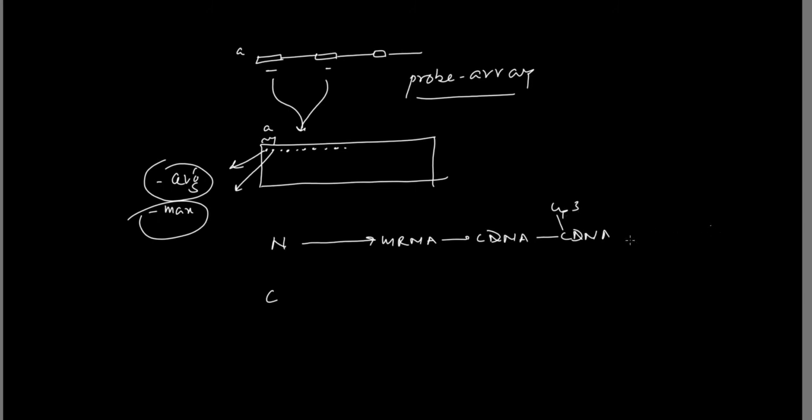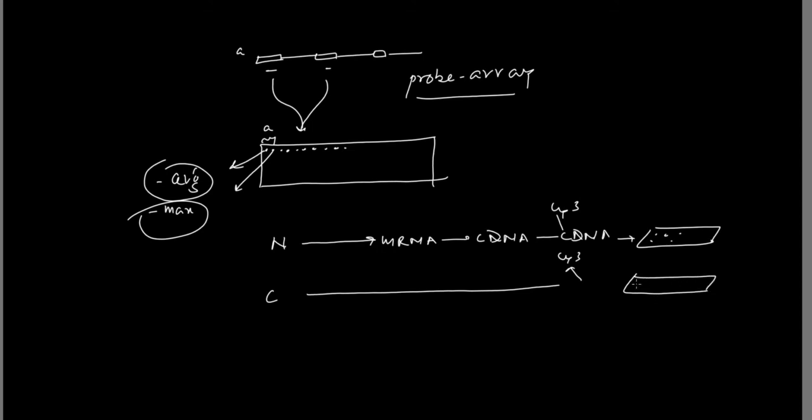This is now a single channel array, and you hybridize it on a chip. You can do the same thing here with the same dye, Cy3, and independently put it on another chip. So now you have two different chips.